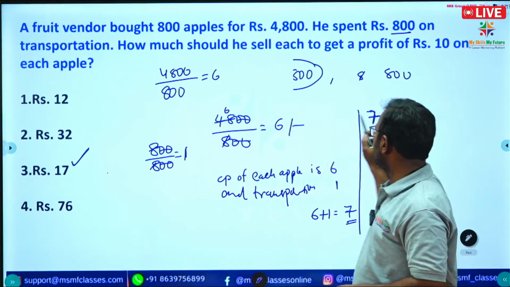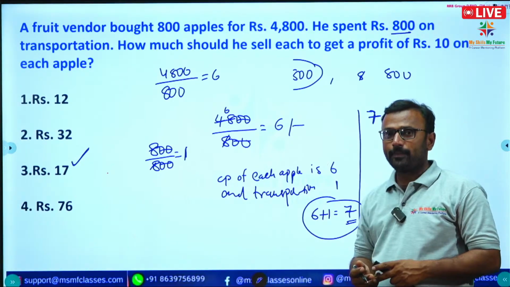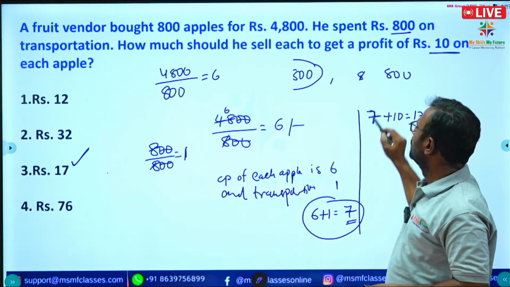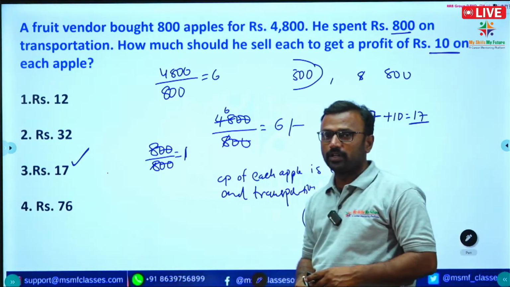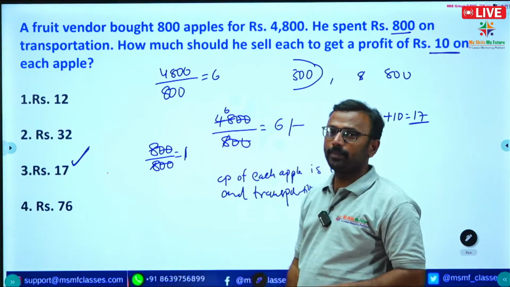So 6 plus 1 is equal to 7 rupees spent per apple. Then you need to get a profit of 10 rupees, so just add 10 to the 7, we get 17. So option 3 is correct. Okay, right. Next question.